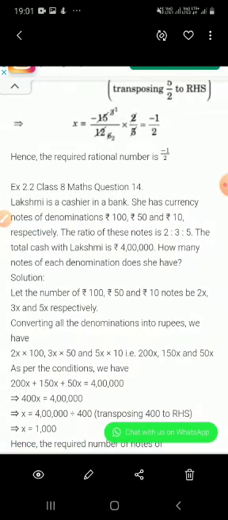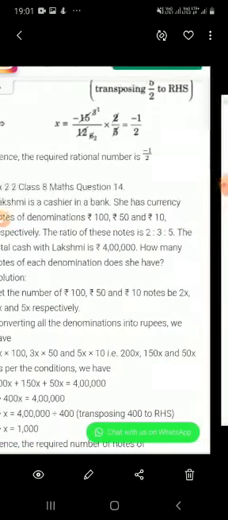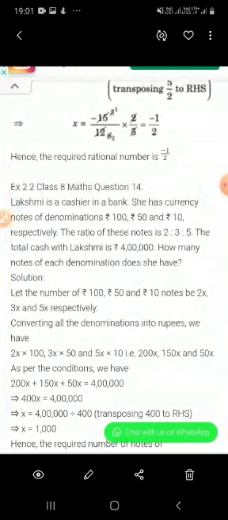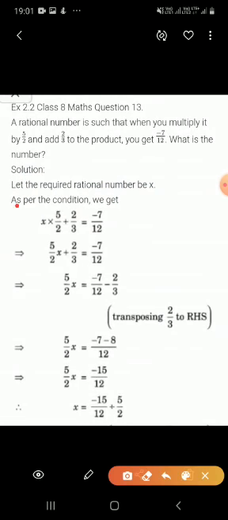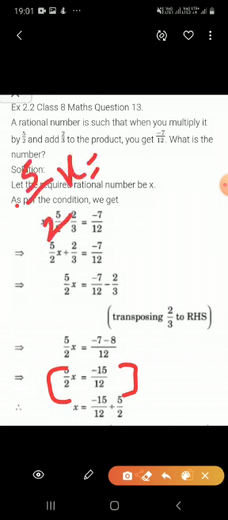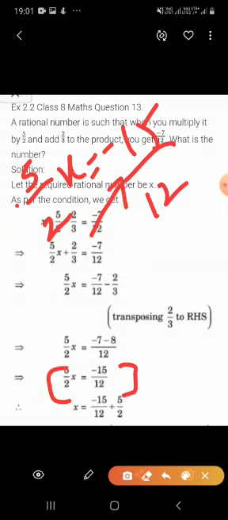Some problem is there. Let me check it out. So the required rational number is minus 15 upon 12. Let's see this one more time. It was 5 upon 2x equal to minus 15 upon 12, right? 2 will be cross multiplied, 5 will be cross multiplied.